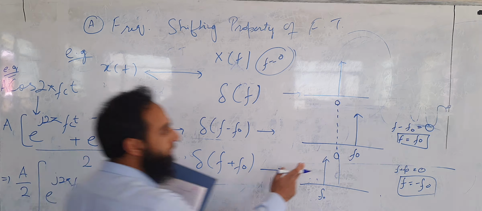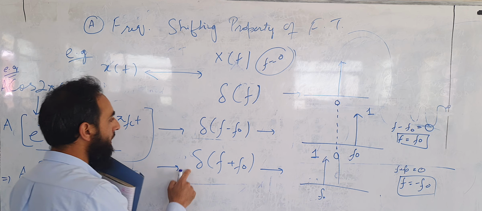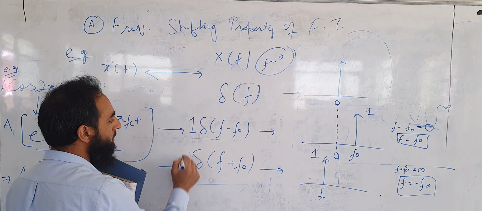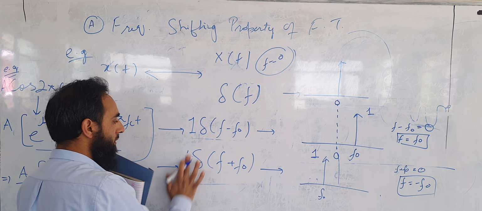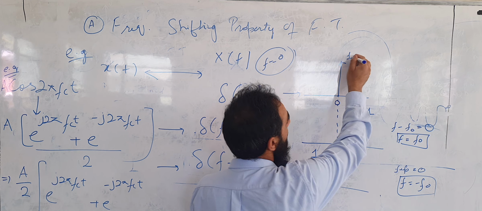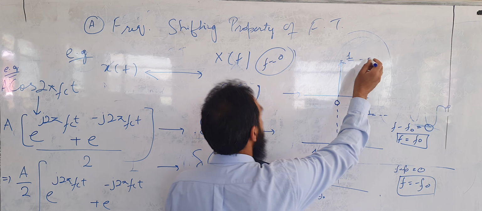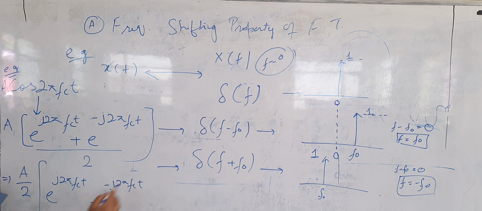By the way, the value of this impulse happens to be 1, because we have nothing multiplied over here. So this is 1, this is 1. What is the value of the amplitude of this? It is 1. So this is the formula.